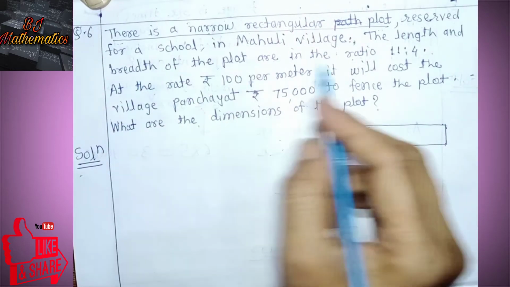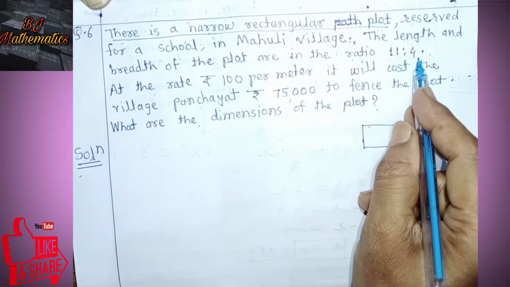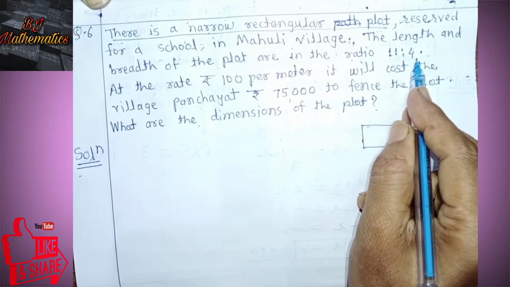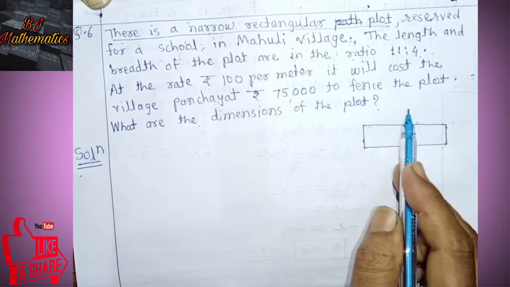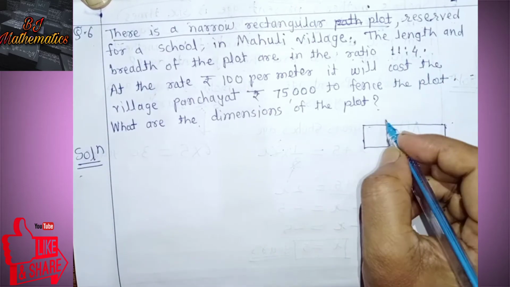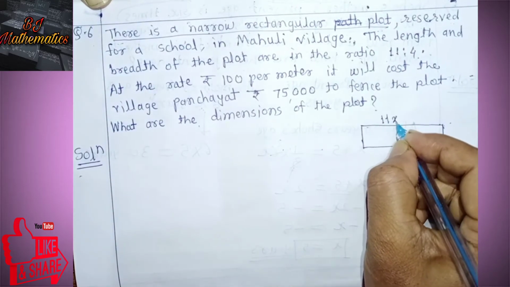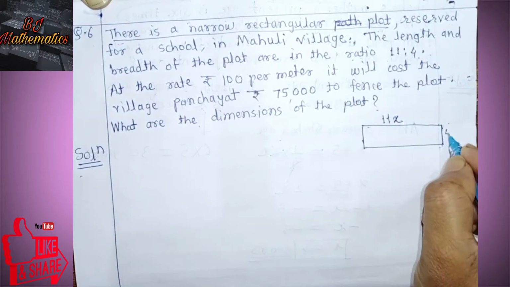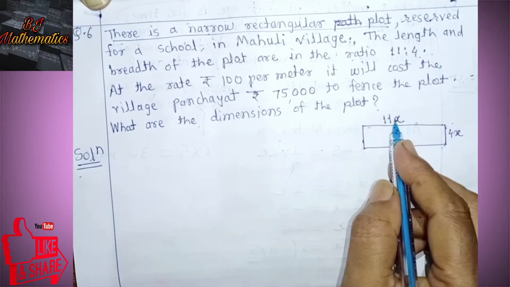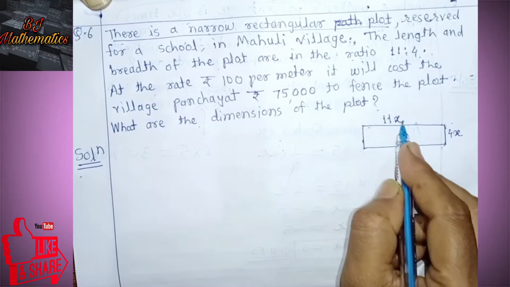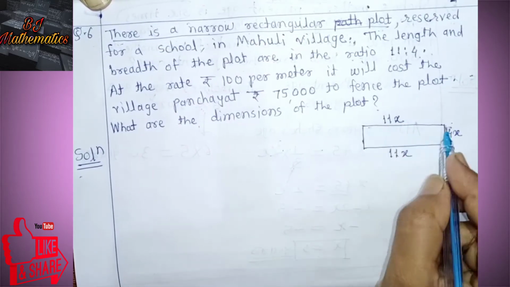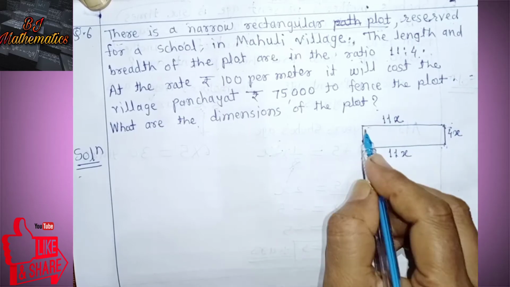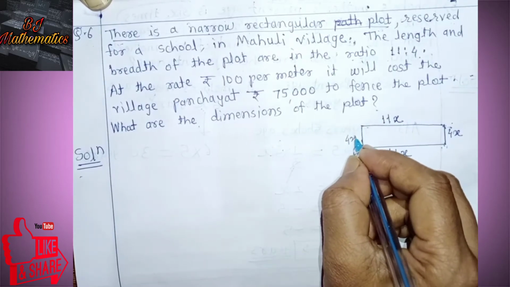And their ratio is given: the ratio of length and breadth is 11:4. Let length be 11x and breadth be 4x. It is rectangular, therefore opposite sides are equal. So this length is equal to this length, and breadth is equal to breadth.